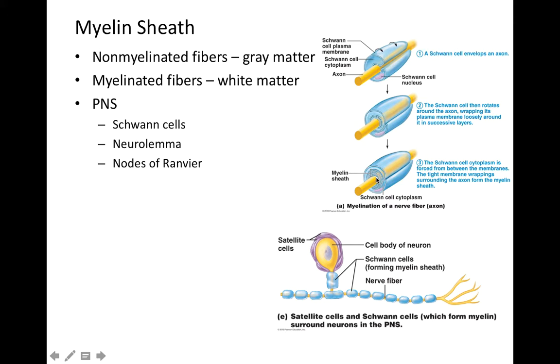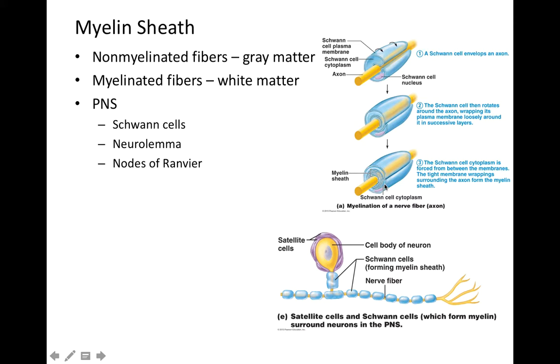Now what's happening to your toothpaste is that all the toothpaste is getting pushed to the top, okay? The same thing is going to happen with all the organelles and cytoplasm in the Schwann cell. It's all going to keep getting pushed to the outer layer. And that outer layer, right here, you can see tends to be thicker, okay? And that's what's called the neurolemma. This is an important piece of information.